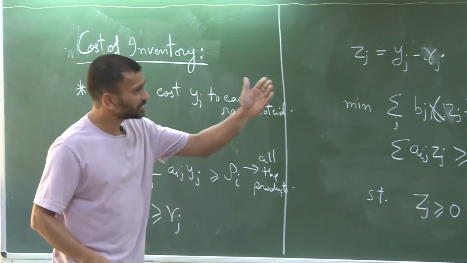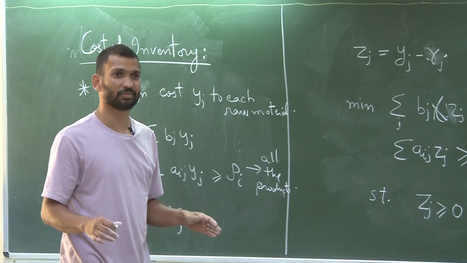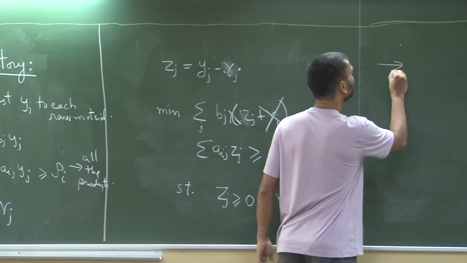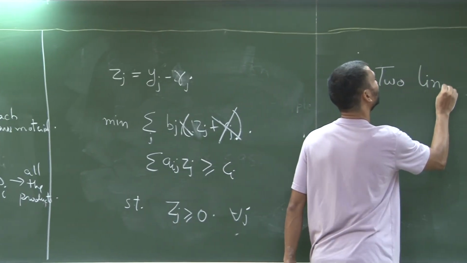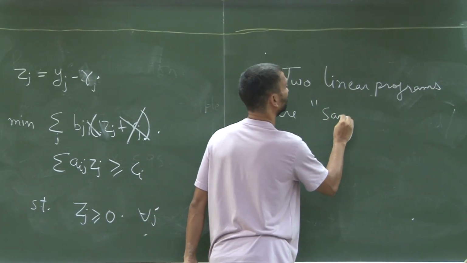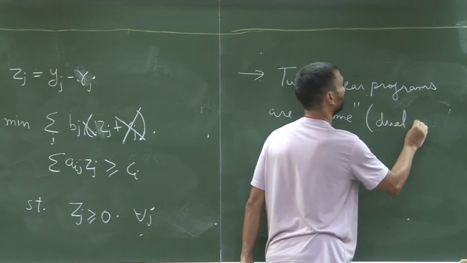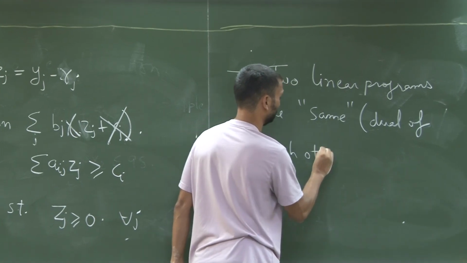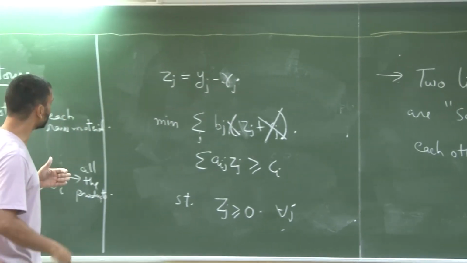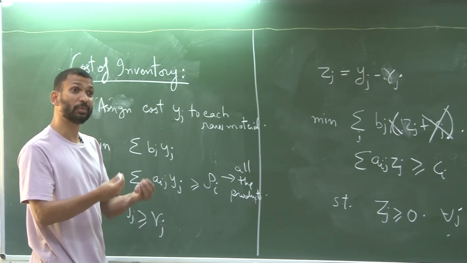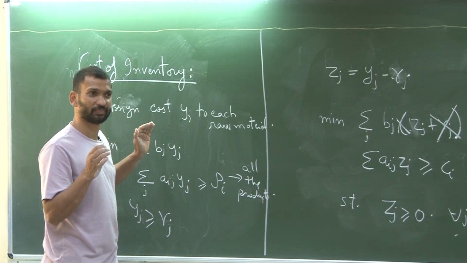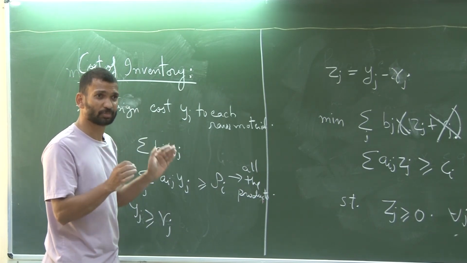Now you saw the same data but two different linear programs. And to advertise this course, in a few weeks you will see that the best possible profit you can make is going to be equal to the minimum possible cost of your inventory. I'm sure at this point you don't see it.